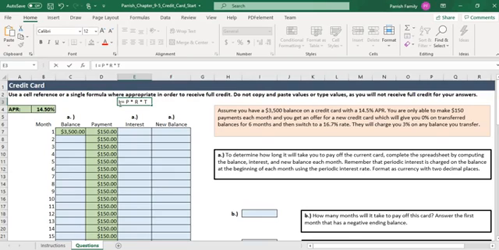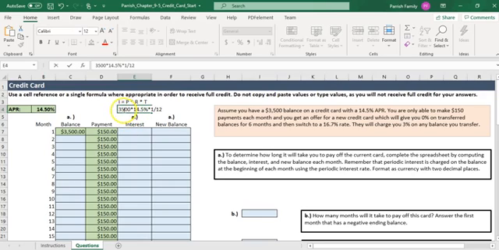So it would be 1/12 of a year. So what you're going to end up saying is 3,500 times 14.5%. Whoops. Times 1 divided by 12. And that's going to give us 1 month's interest.